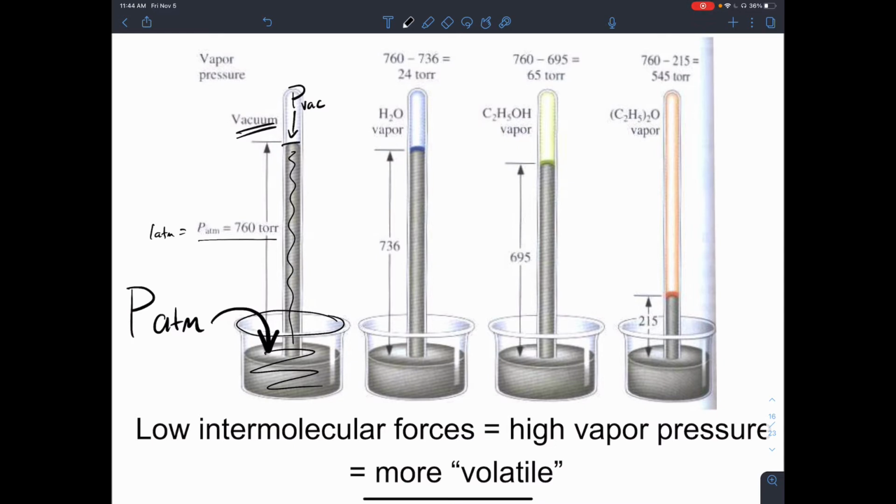Now, what if that space that were filled with nothing is now filled with water vapor, the pressure of H2O gas pushing down, and is still pushing against the same atmosphere? Well, you can see that the vapor pressure of water is higher than the vapor pressure of no particles at all.